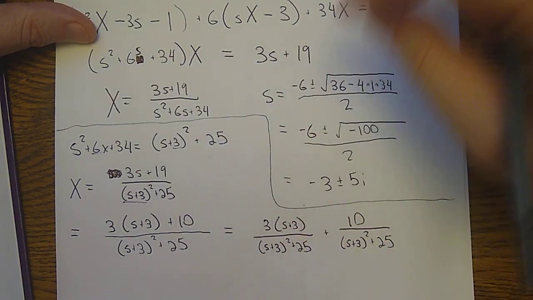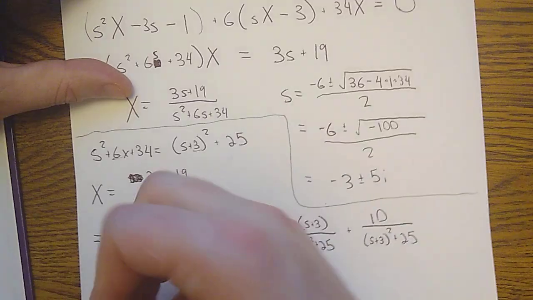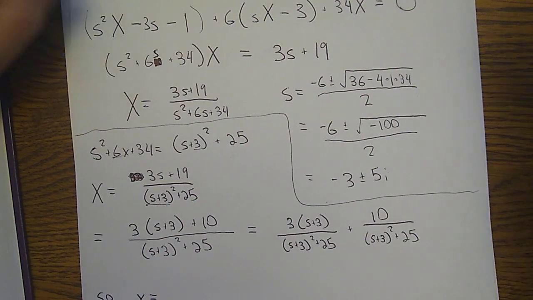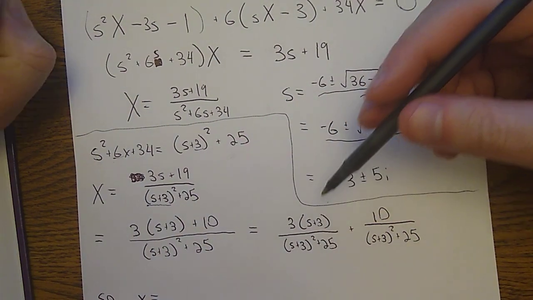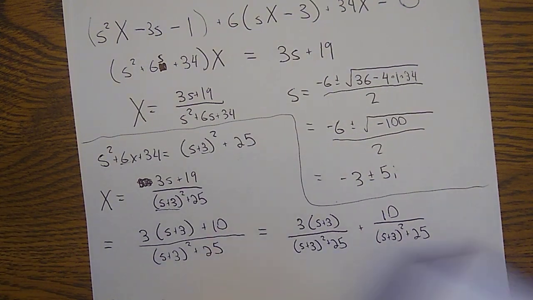You can break up the numerator of a fraction. You cannot break up the denominator. So little x is the inverse Laplace transform of this. Okay, so now let's talk about how that goes.